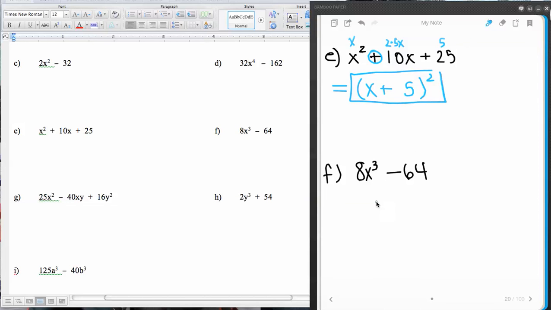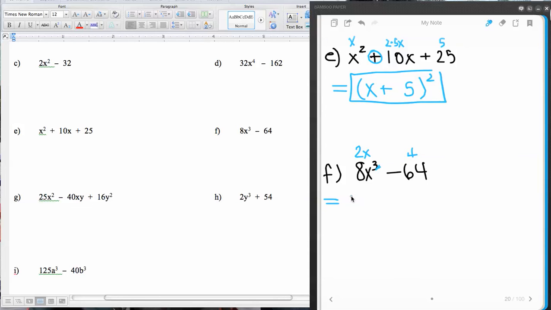Now down here I see a binomial again, but look, this time I've got a cube. So I have a cube root 2x and a cube root 4. Oh gosh, look at that. I missed a GCF again. Don't miss your GCFs. Check for GCFs first. Those are the things that we always want to check first. When we go to a factoring problem, the thing that we want to look for, number one, is does it have a GCF?